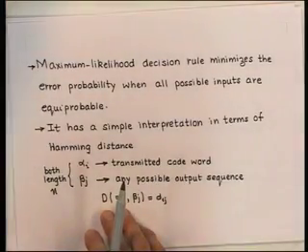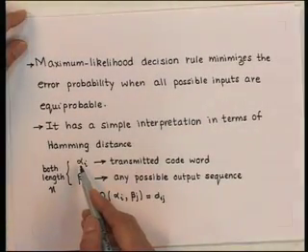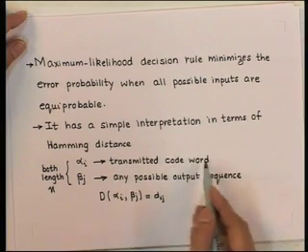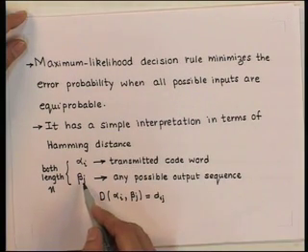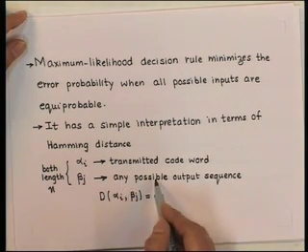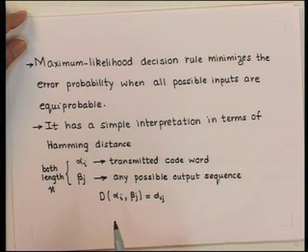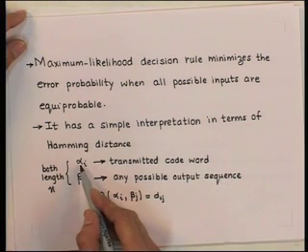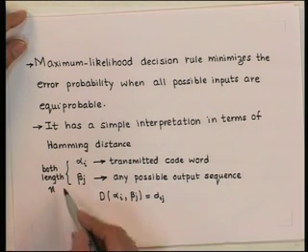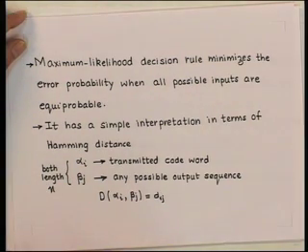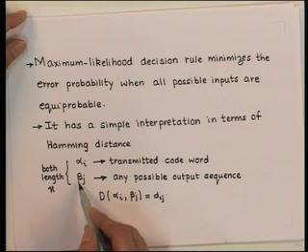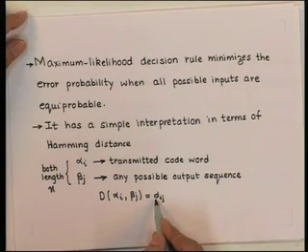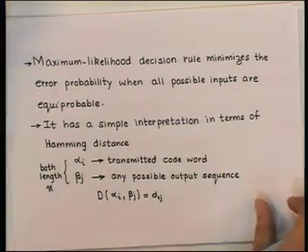Let us assume that alpha i is the transmitted code word and beta j is any possible output sequence. Obviously, alpha i and beta j are of the same length n. We denote the Hamming distance between alpha i and beta j as dij.